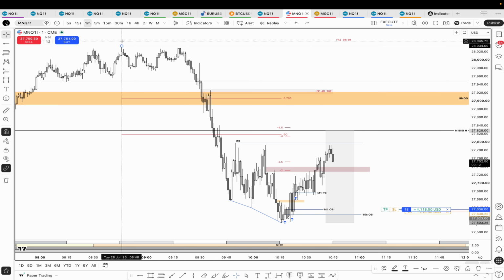And this is that buy side after the 8:30 opening.